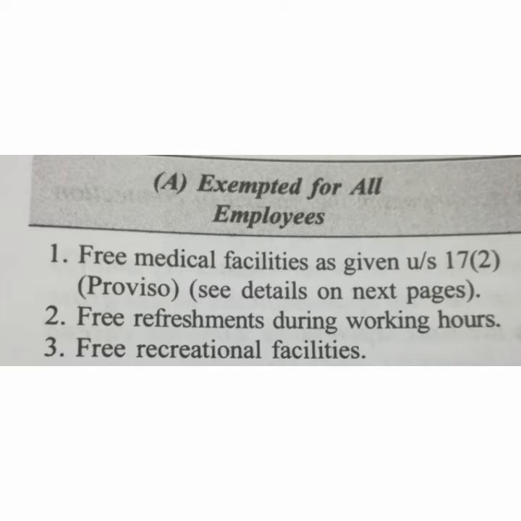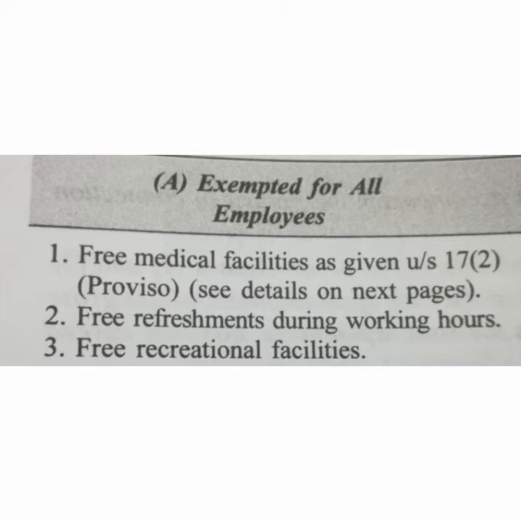Now what happens is that many times employers give medical facility not just for the employee, but for his wife also, and for his kids or anybody who is dependent. Kids are also dependent; sometimes when they are 18 plus they become independent, so only for dependent kids. So wife, dependent children, even parents, and brothers and sisters who are dependent upon him.